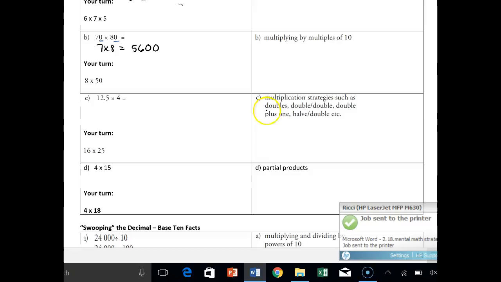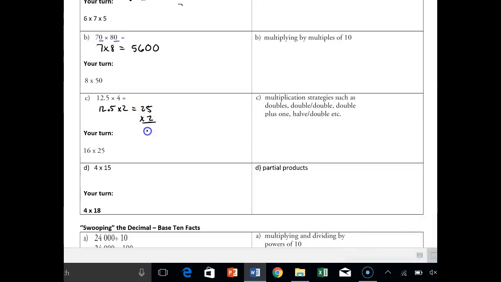Multiplication strategies such as doubles, like when you have 12.5 times 4. Well, you know 12.5 times 2 would be 25, right? So then 12.5 times 4, or just times 2 more, should be 50, right? So for this 16 times 25, if you think really carefully, you know that 25 times 8, you know this, right?